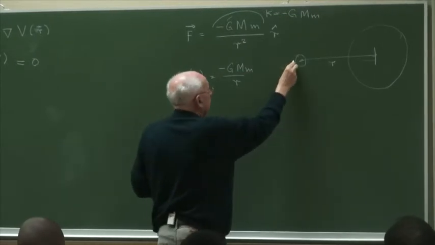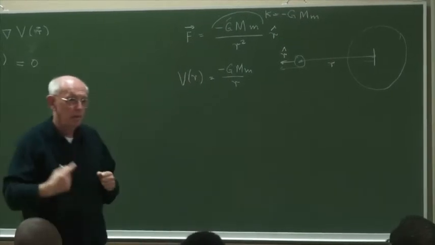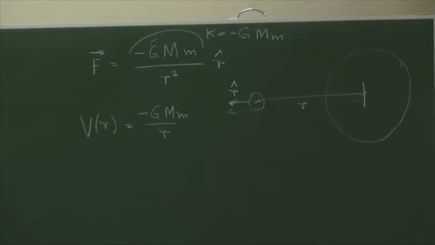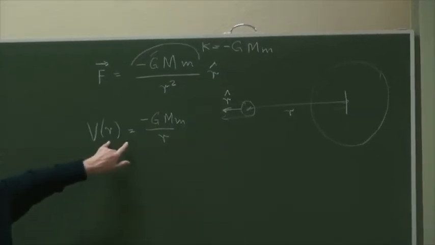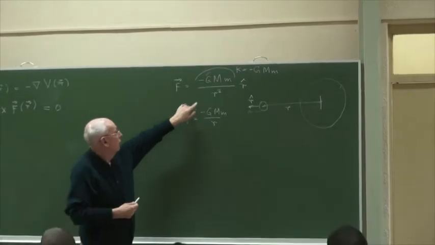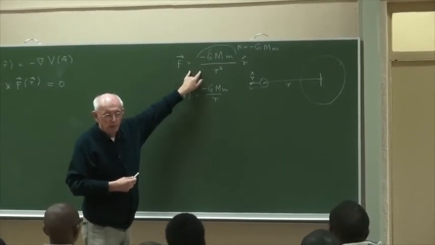So in this case, my unit vector is showing that direction. And so if I do the gradient of this, I do in fact get that.